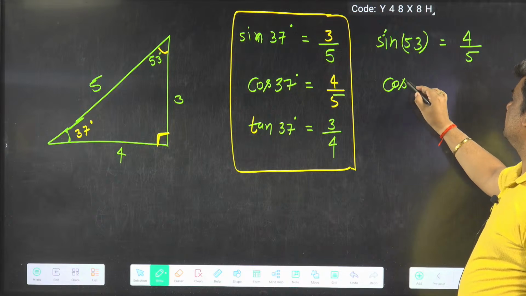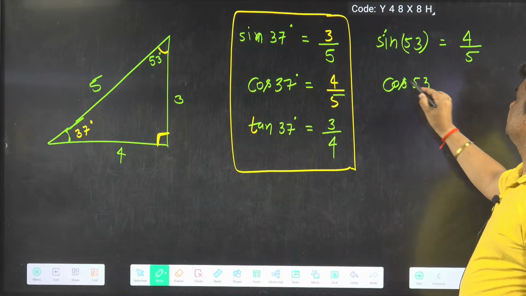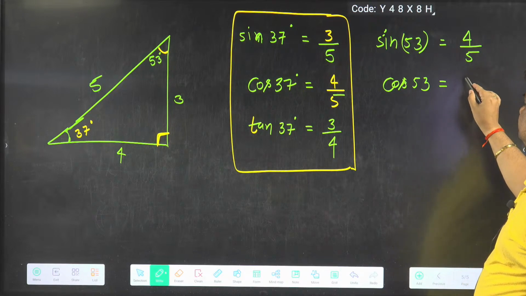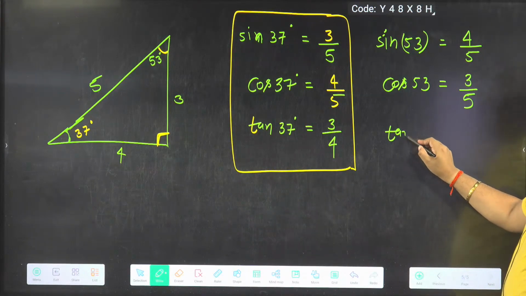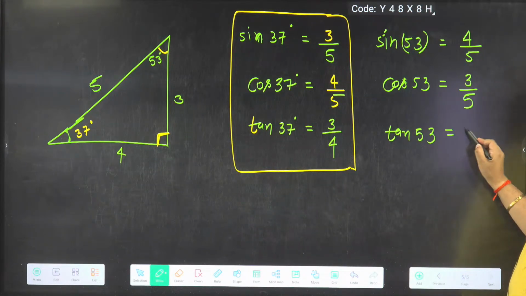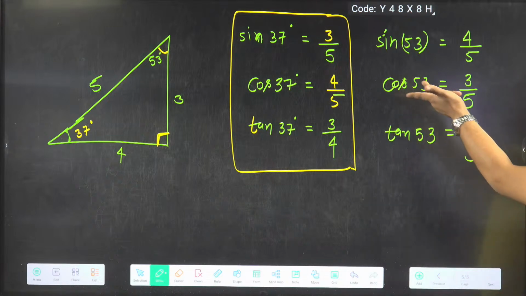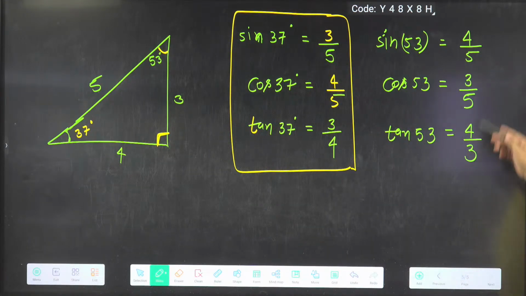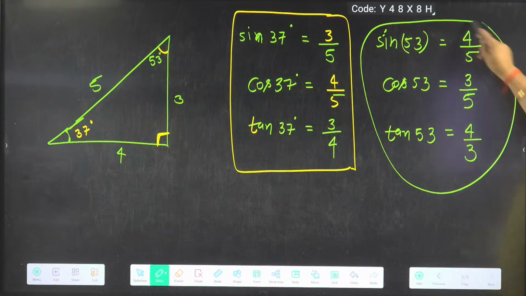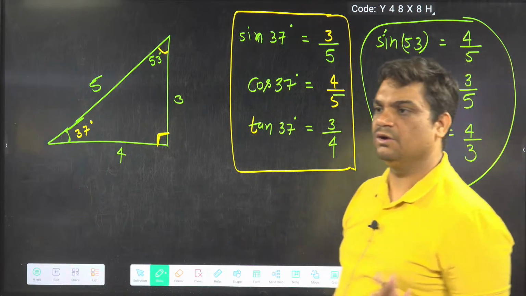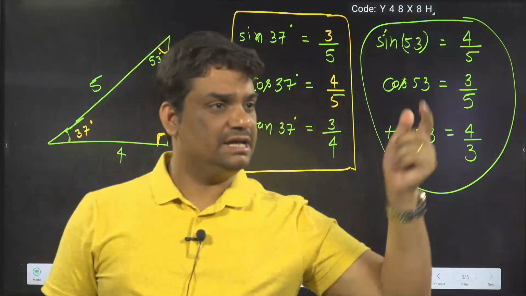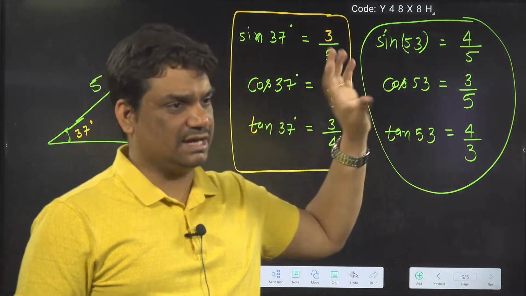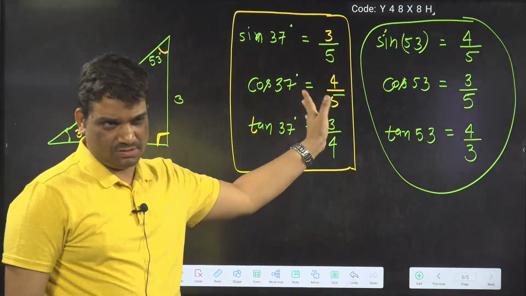Cos 53 is 3 by 5, and tan 53 is 4 by 3, the opposite of what happens for 37. You have to mug up these values; they should always be in your mind, 37 and 53 along with 0 to 90. Done.